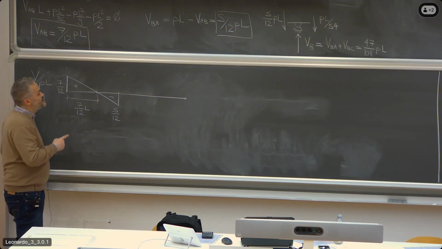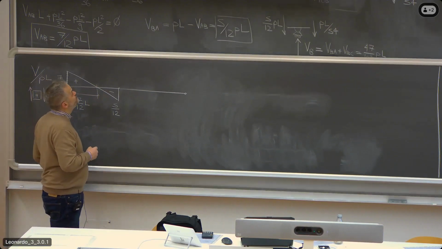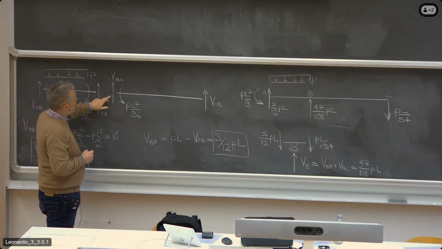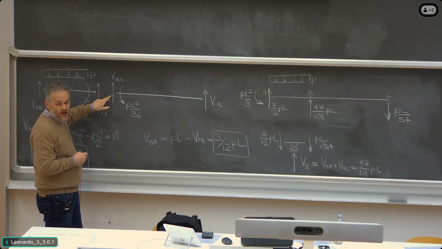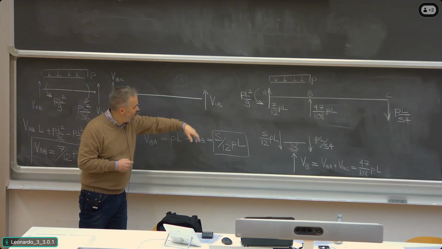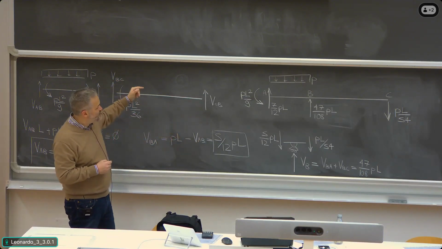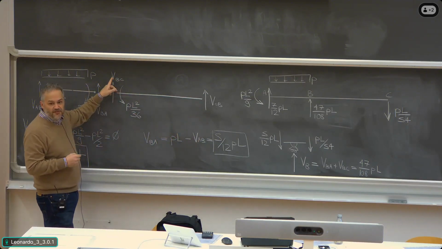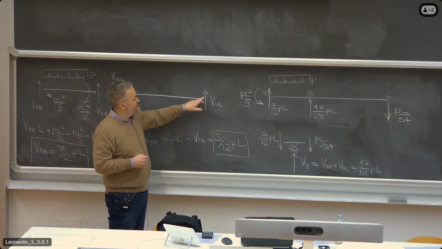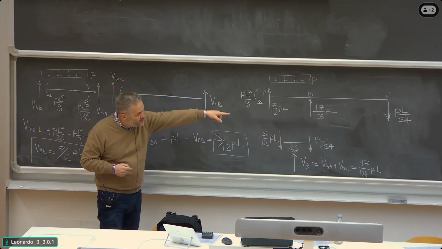What happens in the second span? VBC on the left of the beam is upwards. As you see there, it's, no, you don't see it anymore, but it was 1 over 54. Okay? This is downwards, as you see over there.